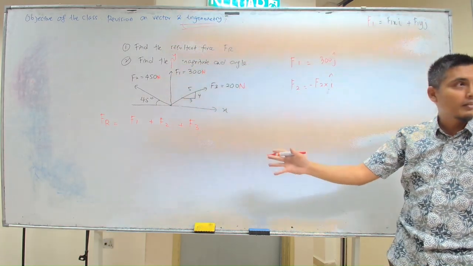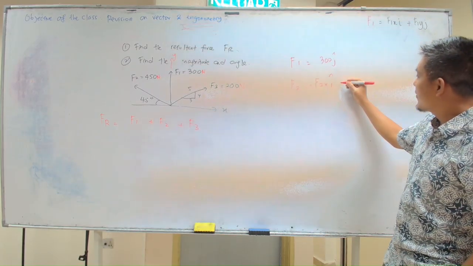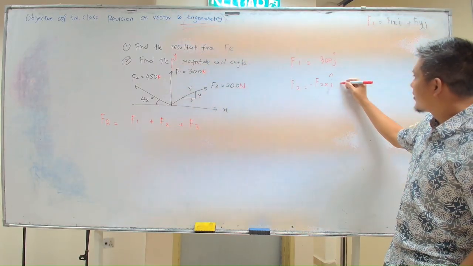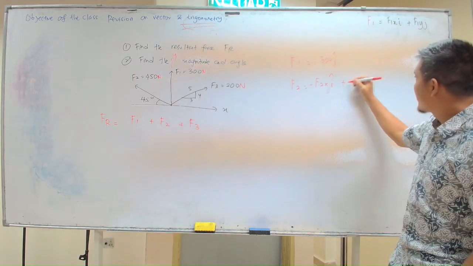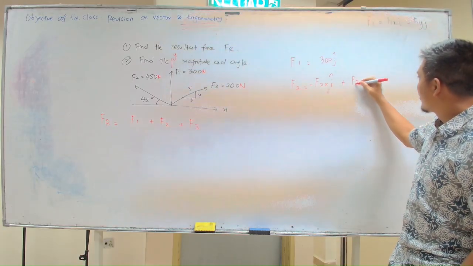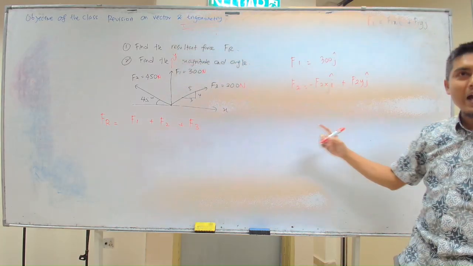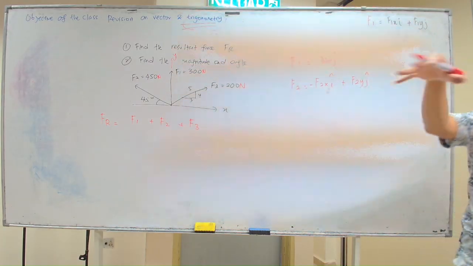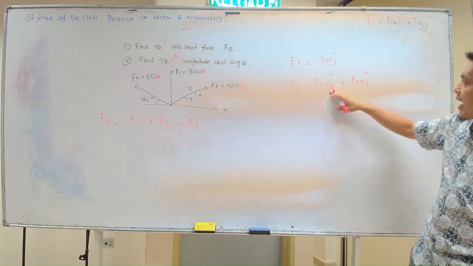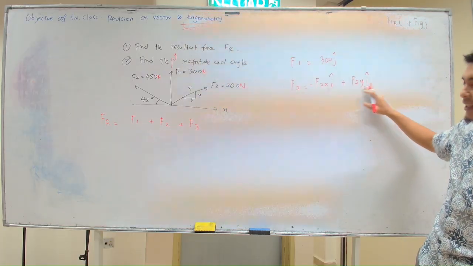Go to the basic again. Plus or negative? Positive. F2y J. So now, we go to the basic: negative F2x I direction plus F2y J direction.